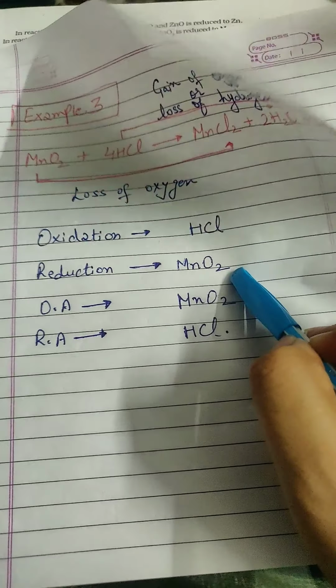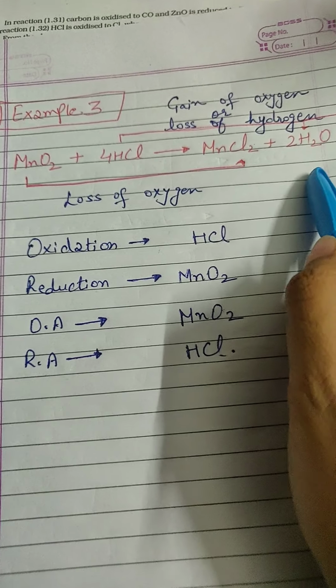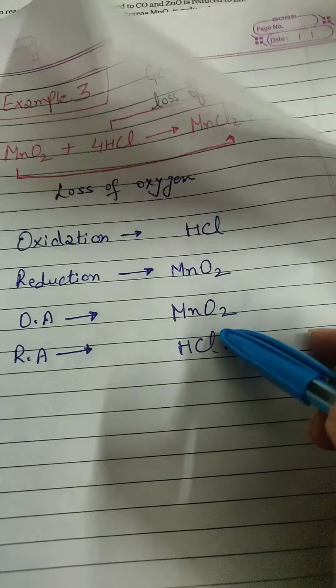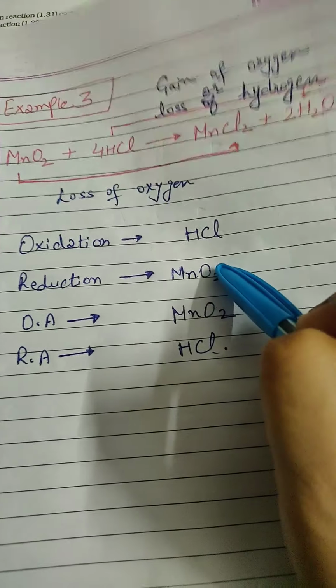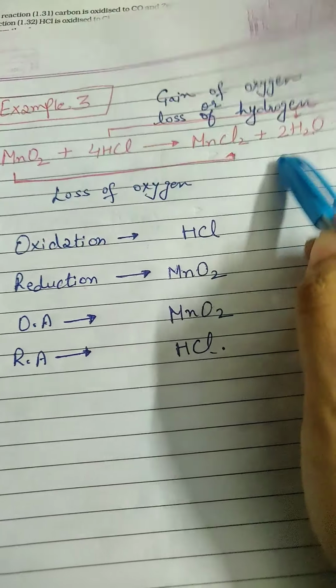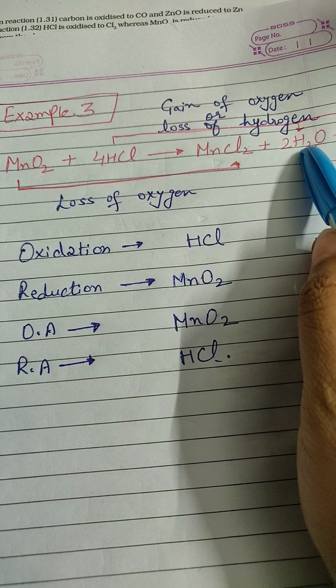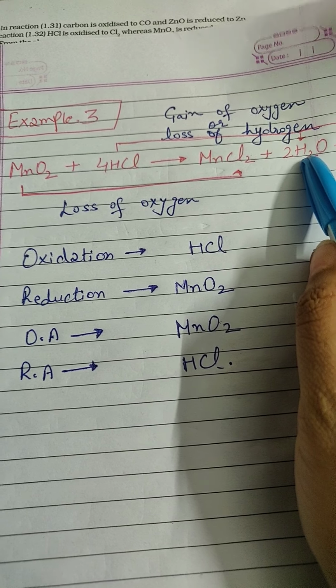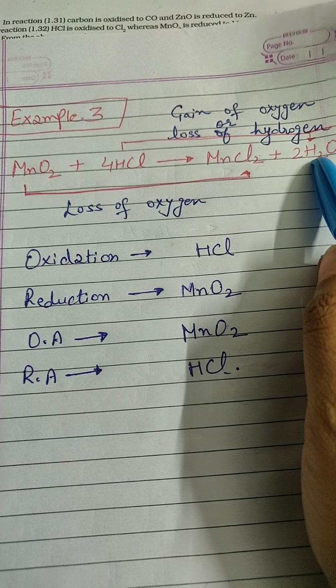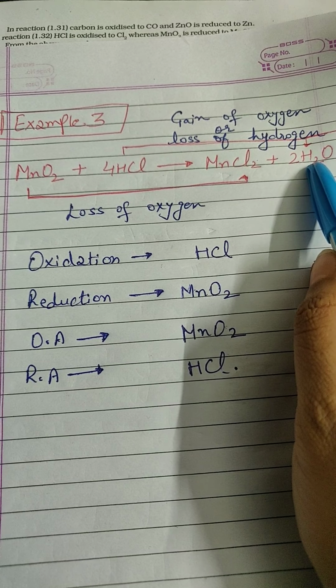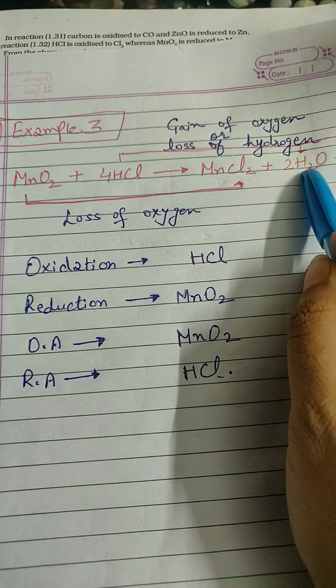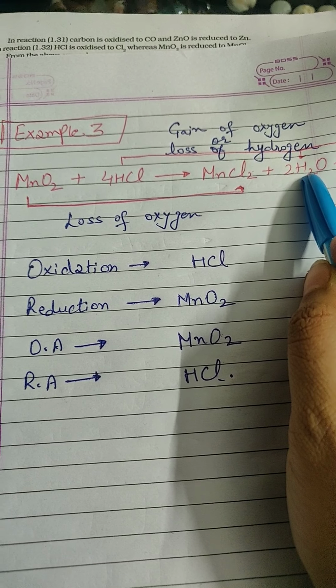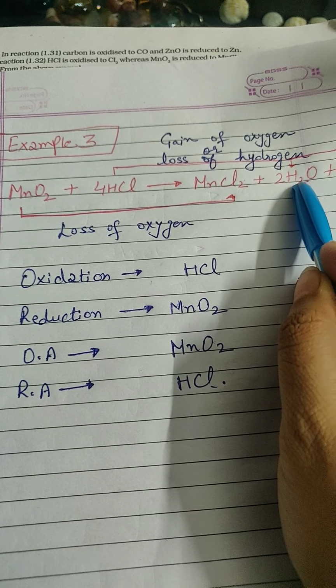Now let's find out the oxidizing agent and reducing agent. An oxidizing agent is that substance which itself shows reduction. So manganese dioxide is showing reduction. Thus it acts as the oxidizing agent. Hydrochloric acid HCl is showing oxidation, so it will act as the reducing agent.